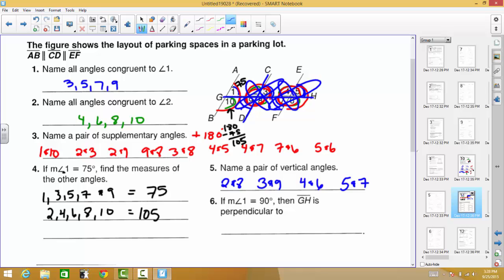And then it says if the measure of angle 1 is 90 degrees, it does not look like that, but we're just going to go with the words here. So GH is this line right here. And if this really was 90 degrees, then this line AB would be perpendicular to GH. It would really look like this. AB would be perpendicular to GH.